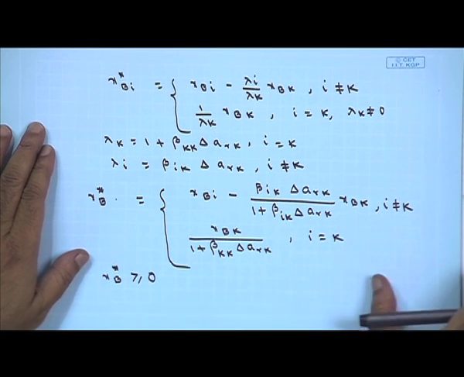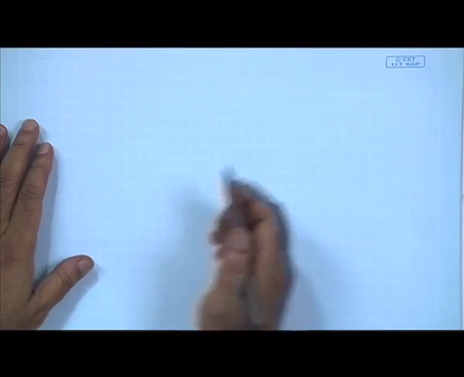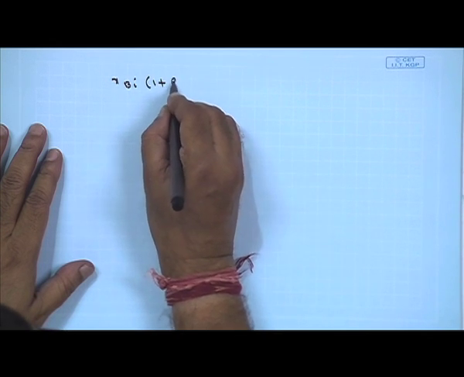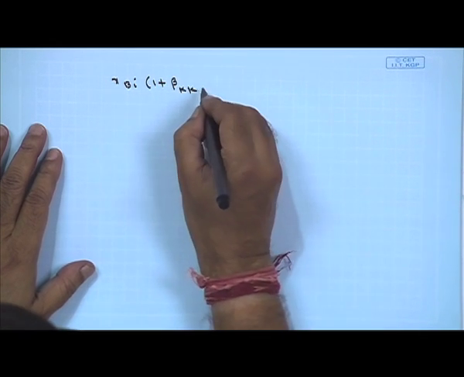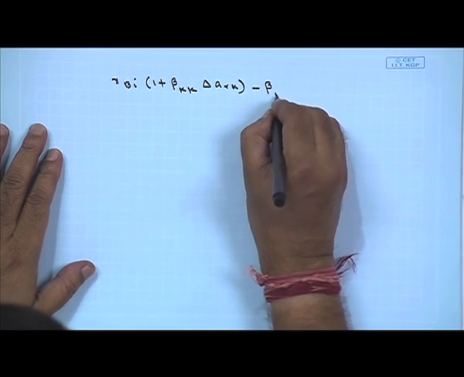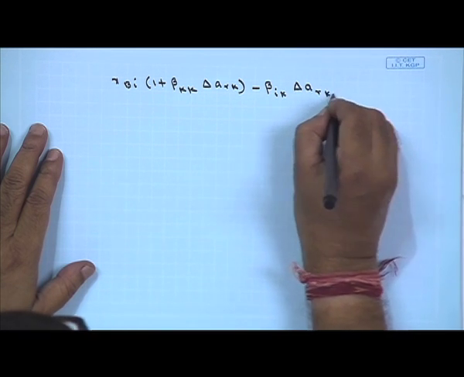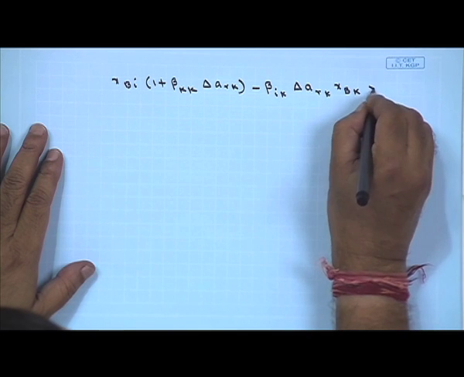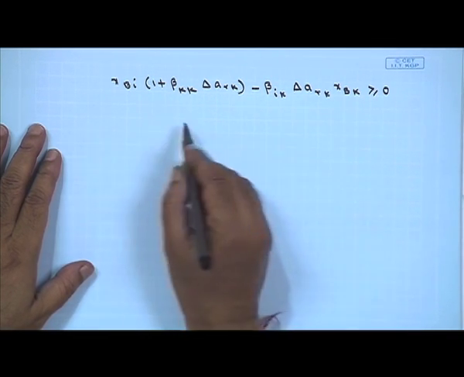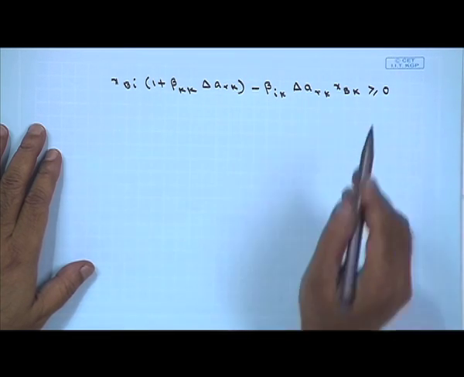Therefore, this quantity should be greater than or equal to 0, or in other words you can write x b i into 1 plus beta k k delta a r k minus beta i k into delta a r k x b k is greater than or equal to 0, which implies that this quantity is greater than or equal to x b i on that side.